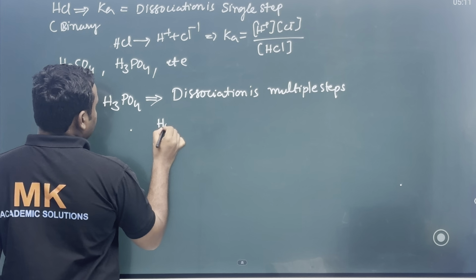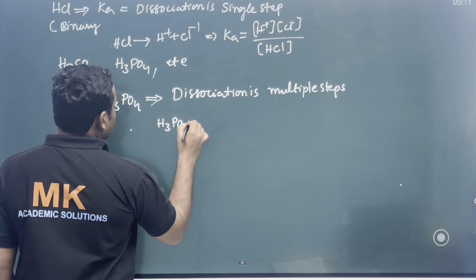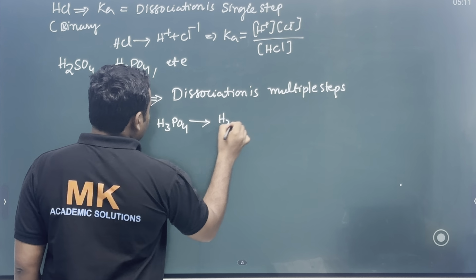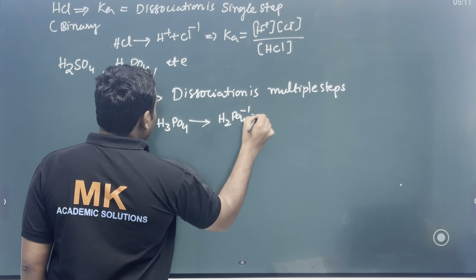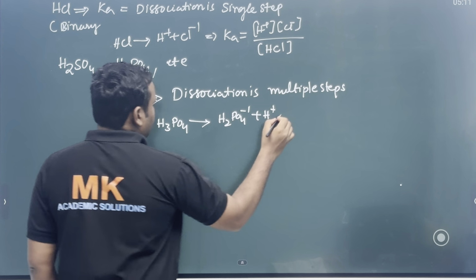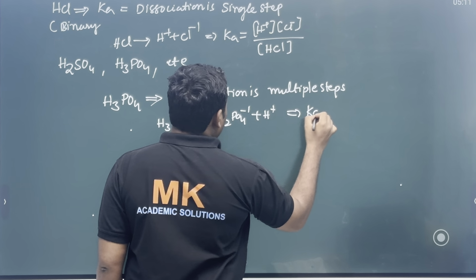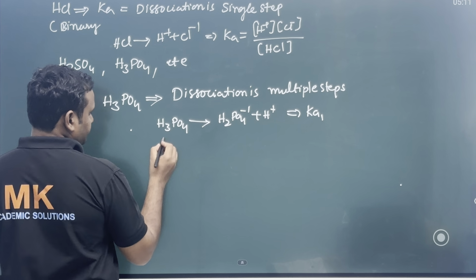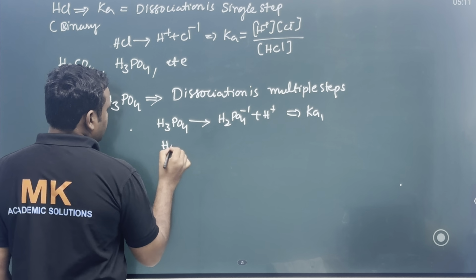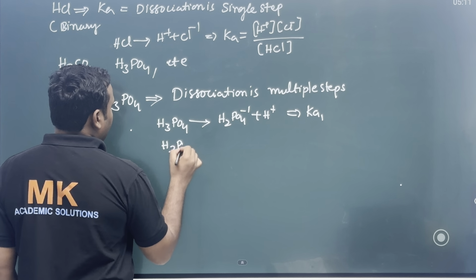H3PO4 gives rise to H2PO4 minus 1 plus H plus. For this we consider Ka1. Next, H2PO4 minus 1 gives rise to HPO4 minus 2 plus H plus. For this we consider Ka2.